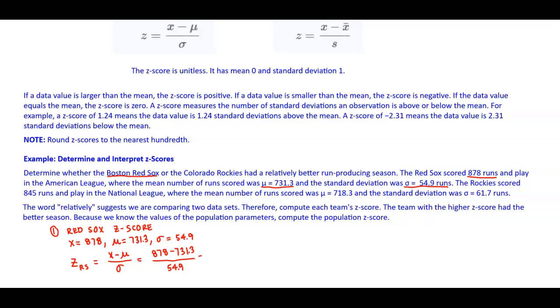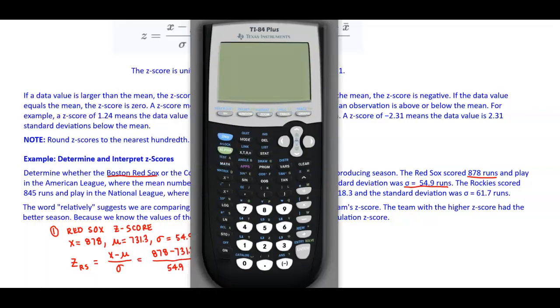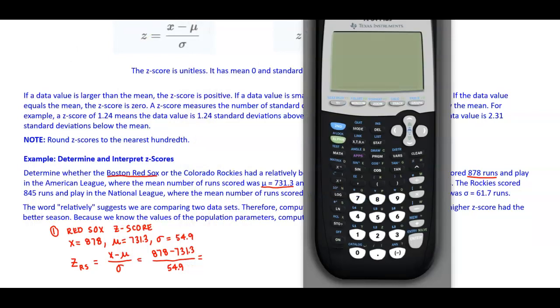So what do we get here? Let's do this in our calculator. We have 878 minus 731.3, and then we divide that by 54.9.